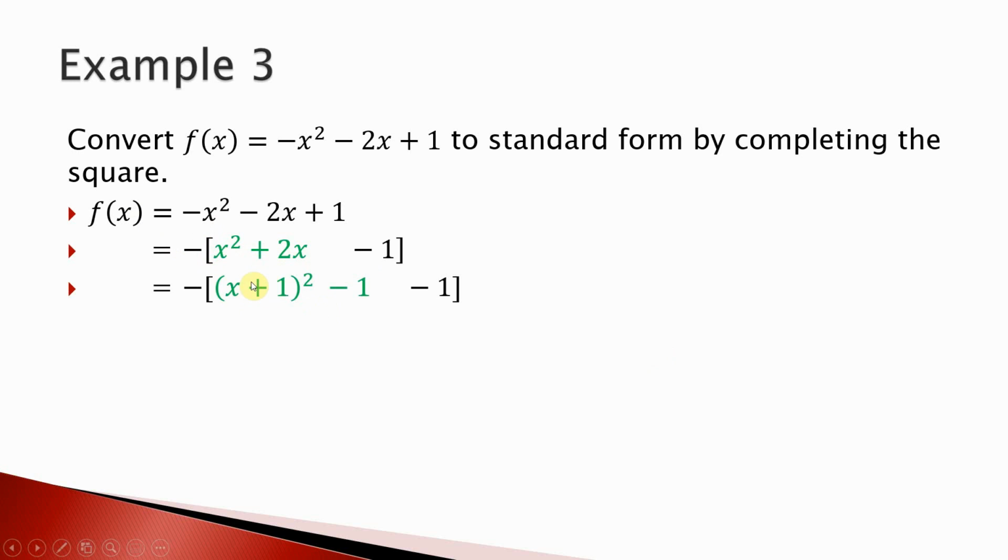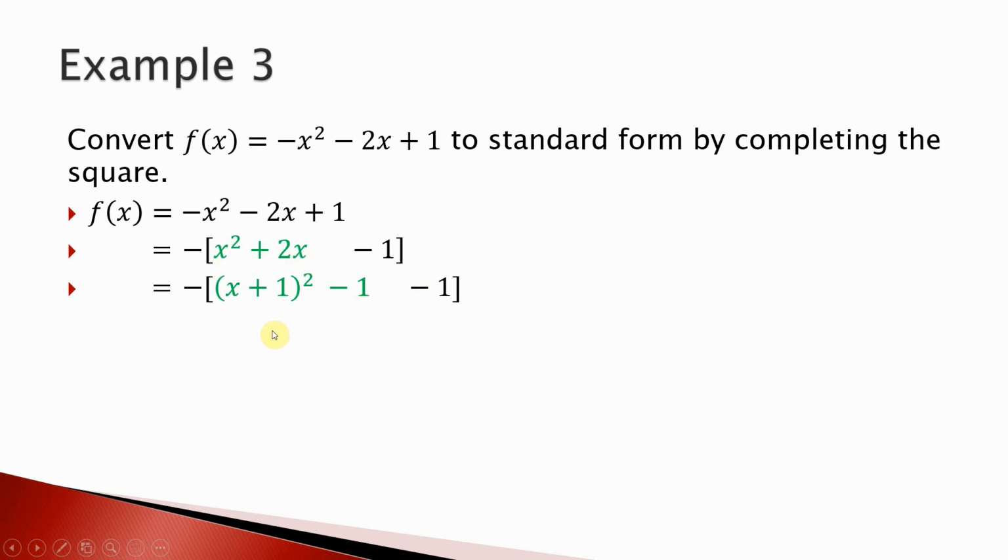So these two terms are equal to this thing. If you expand this, you get x squared plus 2 times 1 is 2x plus 1. You don't need plus 1 here, so you subtract it. Okay, then you get this, only these two, and you have negative 1.